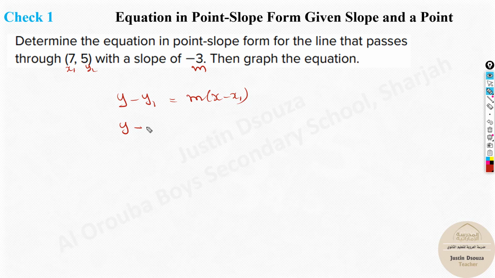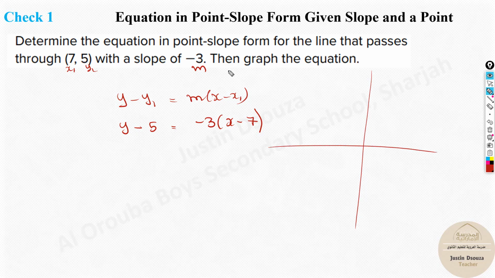Let me substitute y1, that is 5, that is equal to minus 3 into, what is x1? x1 is minus 7. See, this minus is already in the formula. This is positive, just 7, that's it. This is the answer for the point slope form. If you want to graph, just take these values and then see where is 7, somewhere over here, and 5.